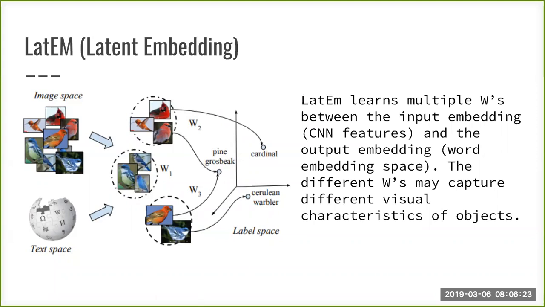It will be a linear mapping as well. But they would use a lot of these different linear maps, and then pick just the one linear map that gives the highest cosine similarity with any class pretty much, and then they would use that as a prediction. So it's a little bit of a weird approach.